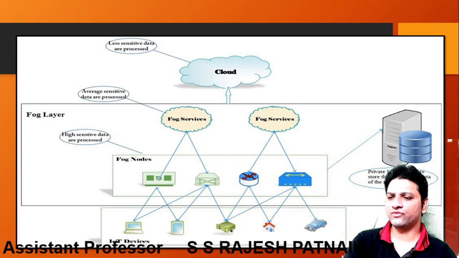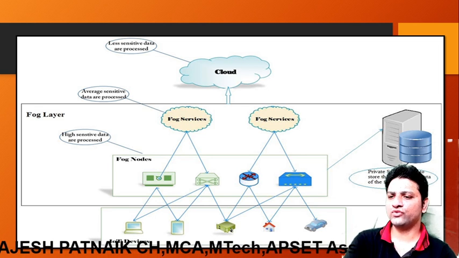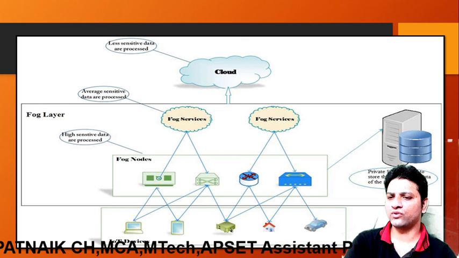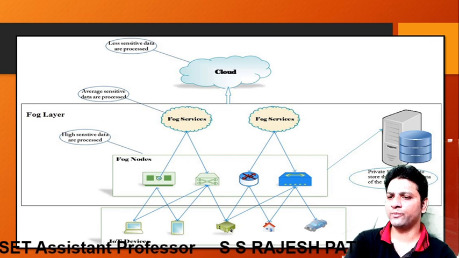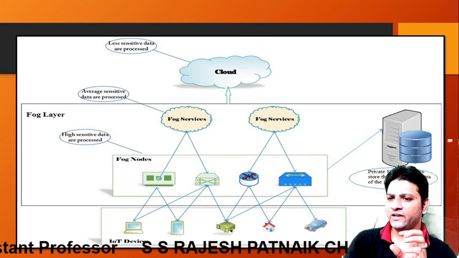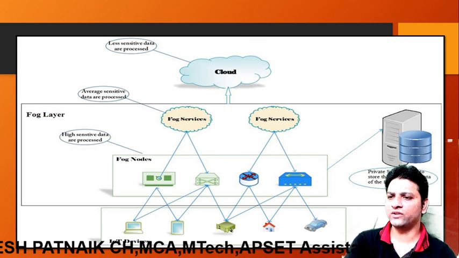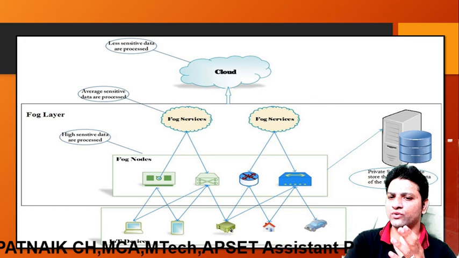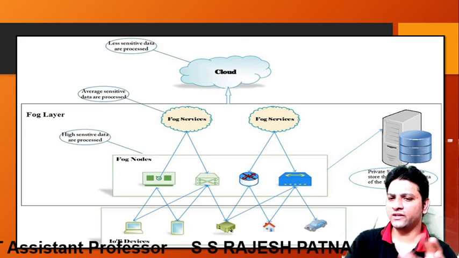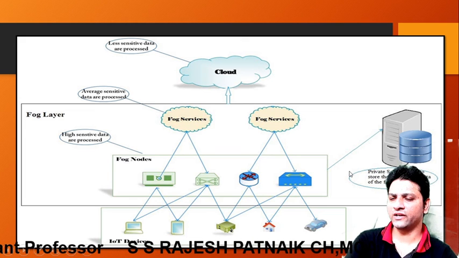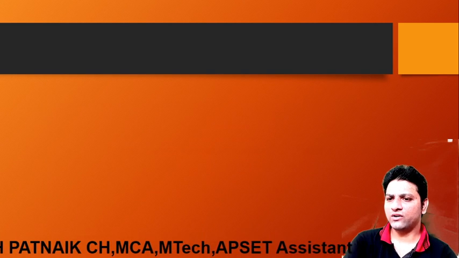IoT devices are the end users or end devices which interact with the fog nodes, and fog nodes provide the fog services. That means data will be processed and sensed here, and then if it is useful, we are going to send it to the cloud using private servers or public clouds on the right side. So this is the architecture of fog computing.